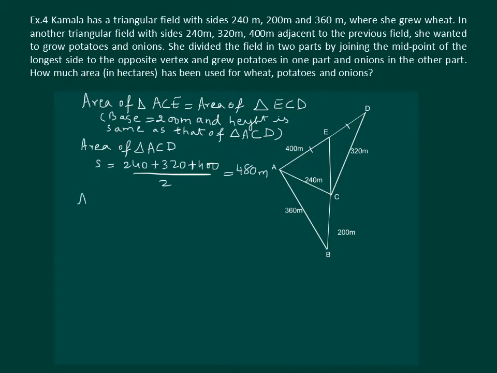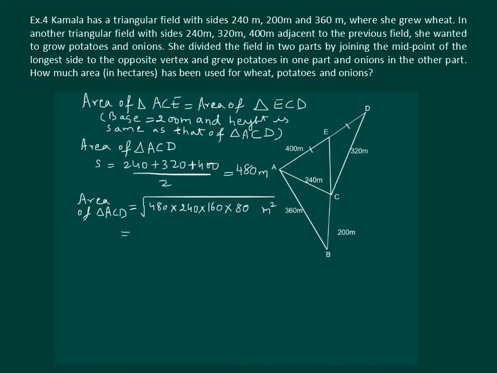Now area of triangle ACD by Hero's formula is under root of S into S minus A, that will be 480 minus 240, that is 240, S minus B, that is 480 minus 320 is 160, S minus C, 480 minus 400 is 80 meters square.